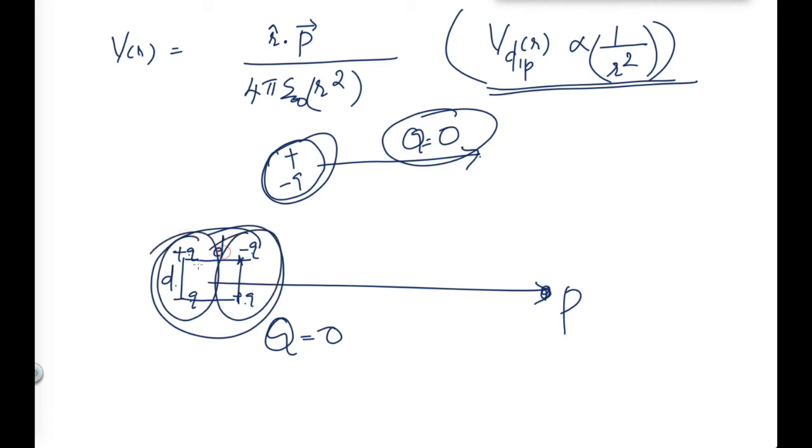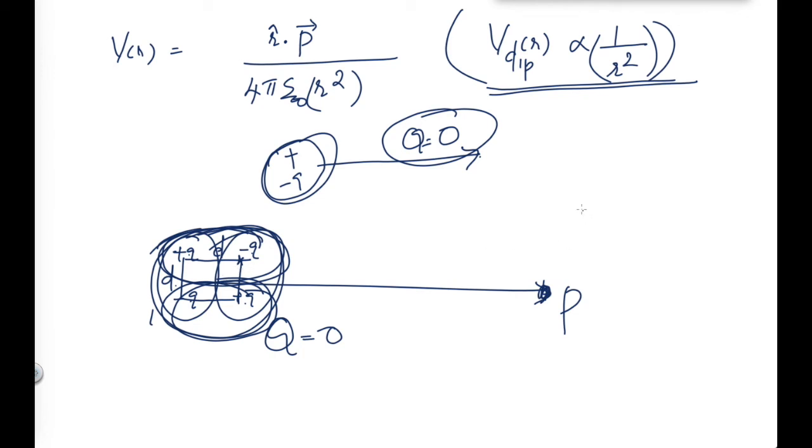But if I take it like this, you have two dipoles, or another two identical dipoles. And if I calculate the potential due to the individual ones, I can do it by the same method. What will be the potential at this point P? These two dipoles combined give you a quadrupole.